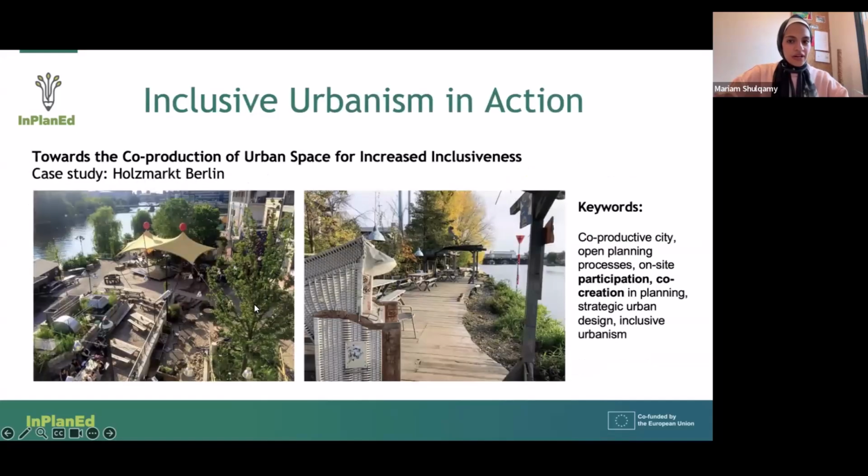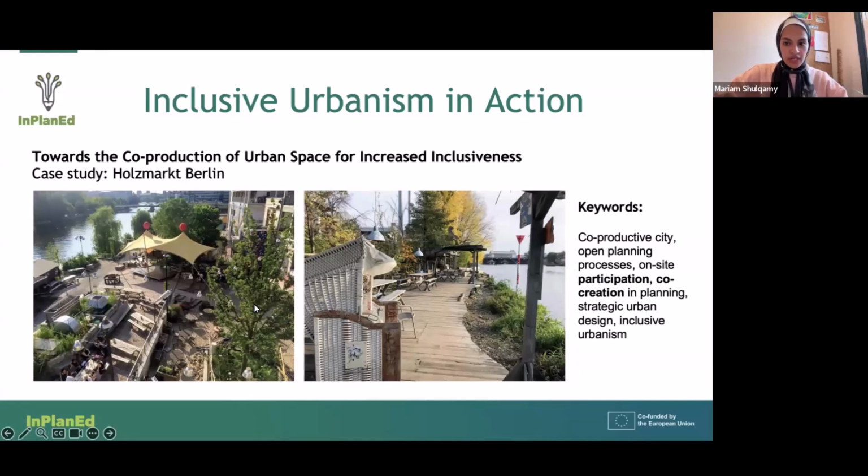Now let's explore a real-world example, which is Holzmarkt in Berlin, which has successfully embraced the concept of inclusive urbanism. This project demonstrates how co-production, or community-driven urban planning, can be used to create inclusive urban spaces. This is one of the approaches that can be used for inclusive urbanism.